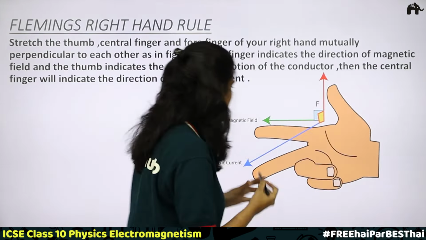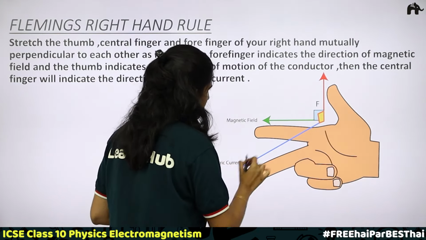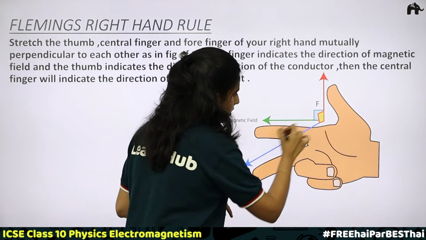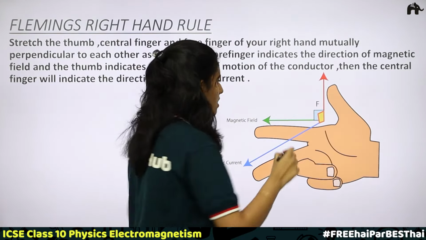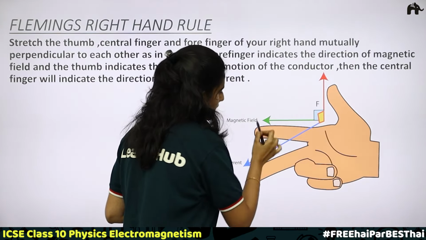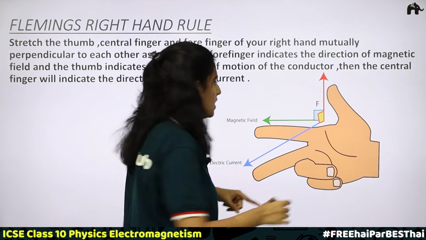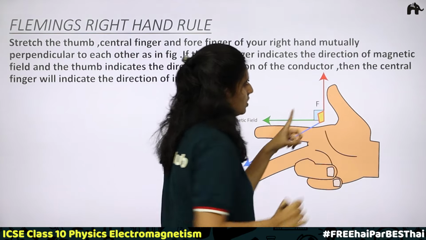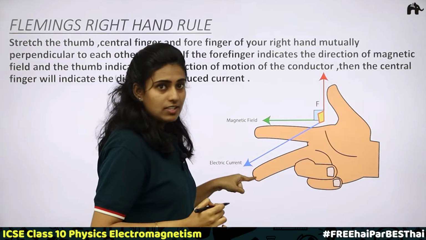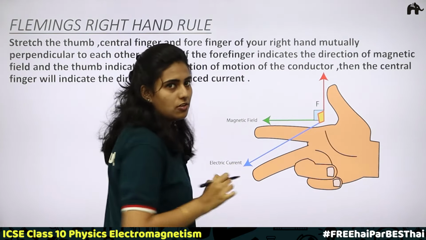So here you can see we have the magnetic field, electric current and force. All these are held mutually perpendicular. If you are holding your fingers in such a way that the forefinger shows the magnetic field and the thumb shows the force, then the direction in which the central finger points will give you the direction of electric current.